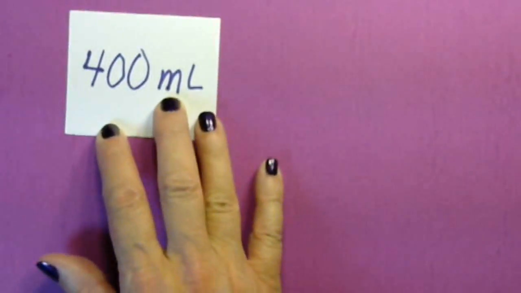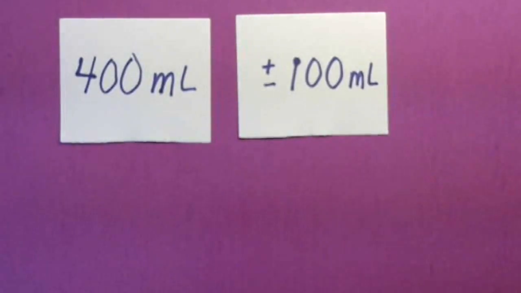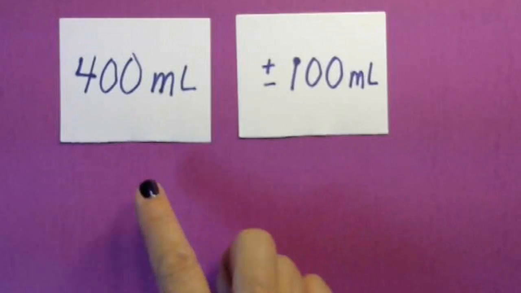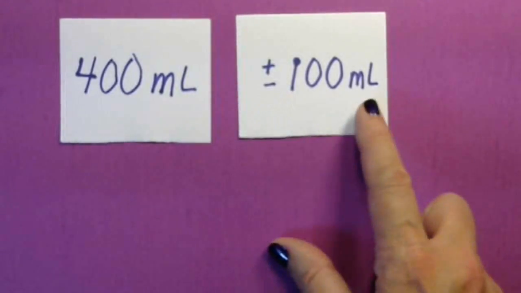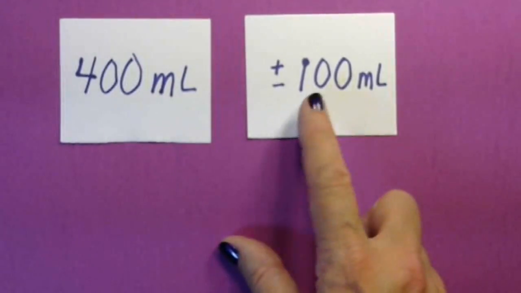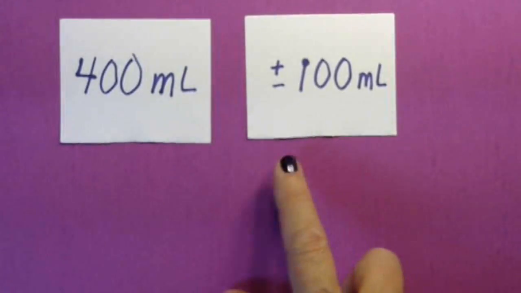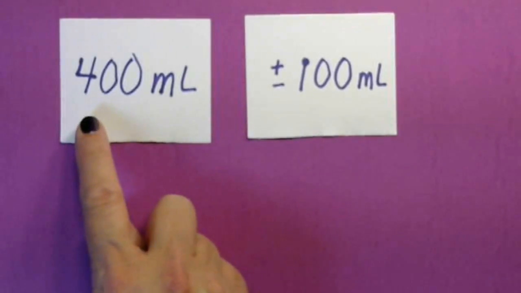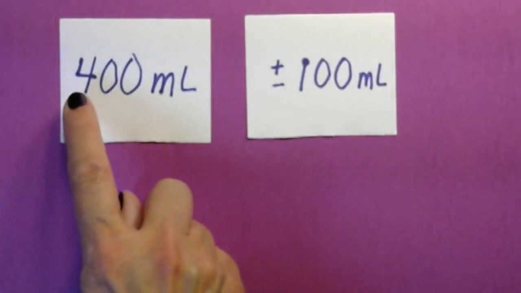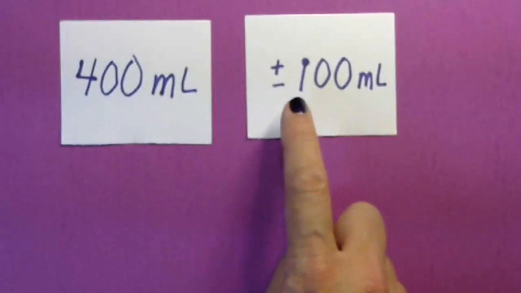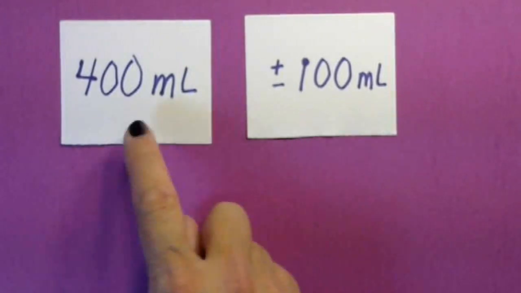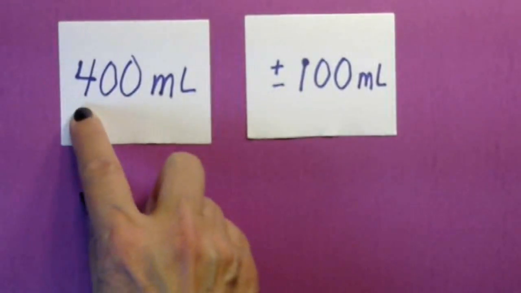What if I have another graduated cylinder that this time read plus or minus something 100? Okay, so I have 400 milliliters. Its plus or minus range is 100 milliliters. So how many significant figures does this graduated cylinder have? Well, I start counting from left to right, and I count this one, but I have to stop because it's plus or minus something in the hundreds place.